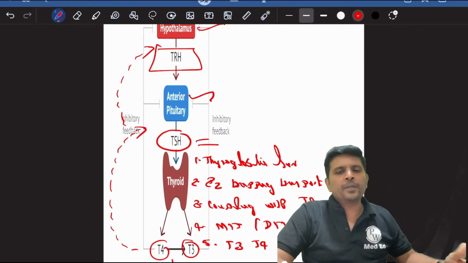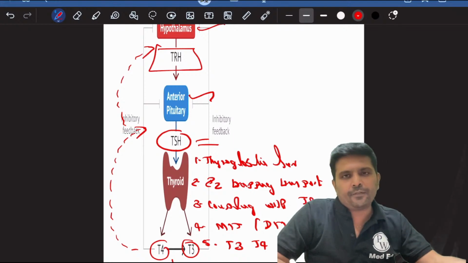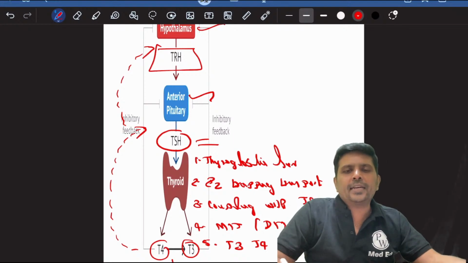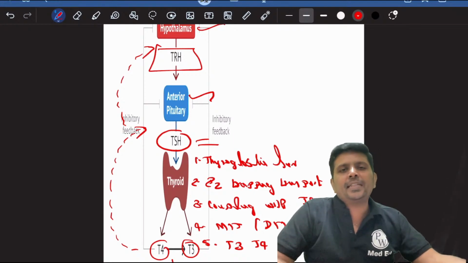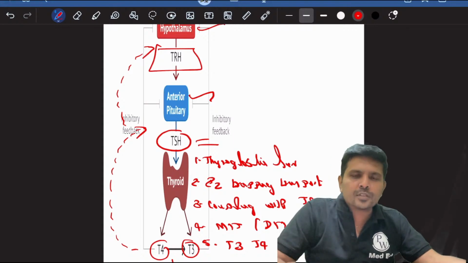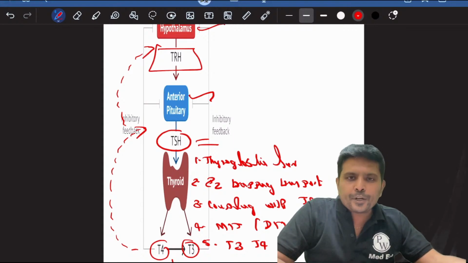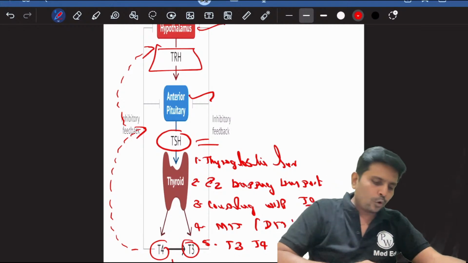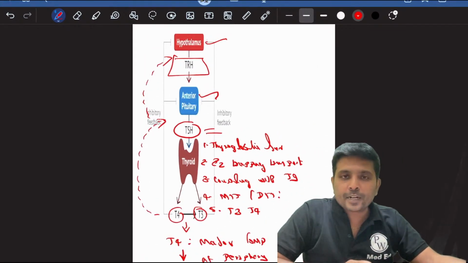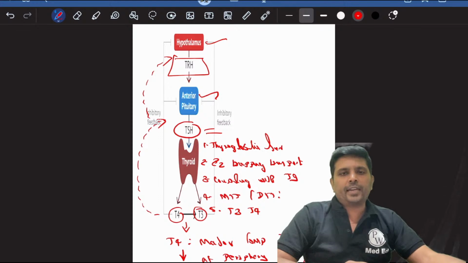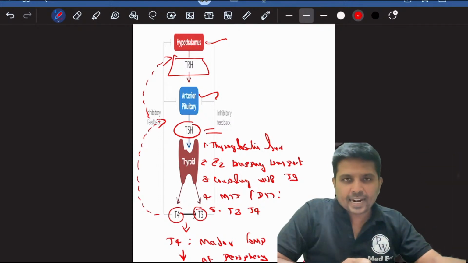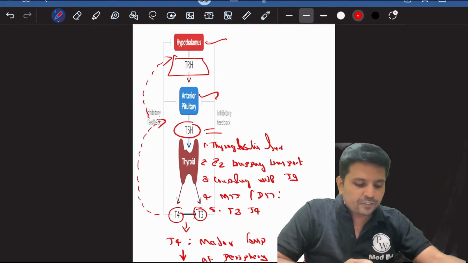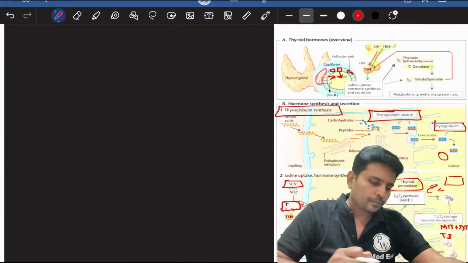Why is it so? When you have abundant T3 and T4, the body doesn't need to produce further T3 and T4, so it inhibits your anterior pituitary and hypothalamus. Right? Okay. So this is with respect to the regulation of thyroid hormone synthesis. So anatomy, embryology, physiology we saw.